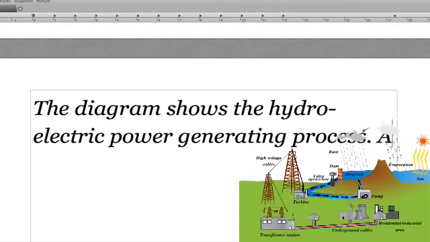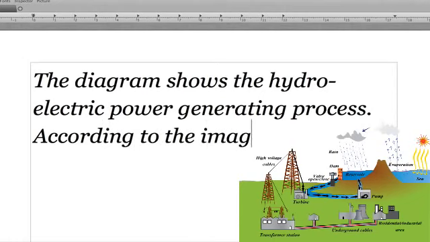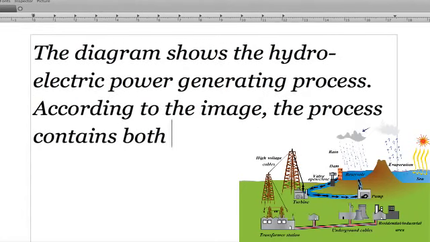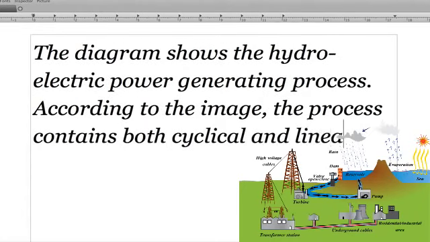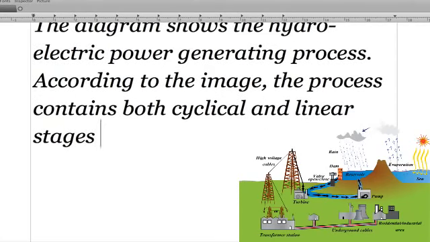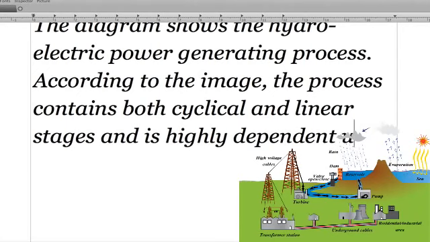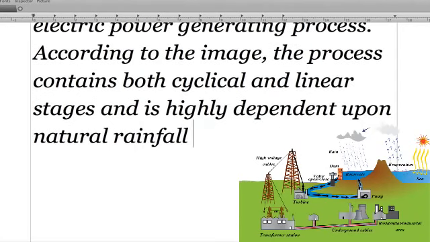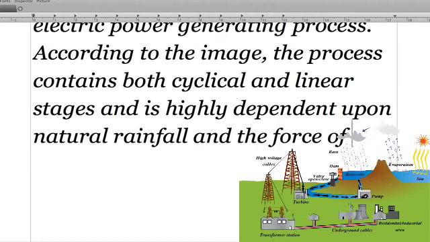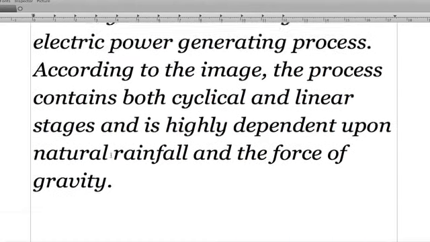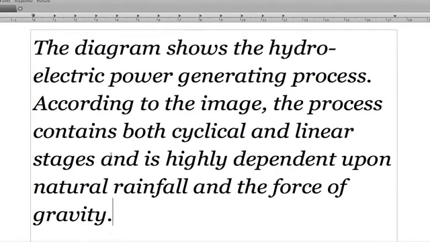So let's say according to the image, the process contains both cyclical and linear stages, let's say, and is, let's see, something about its natural dependencies, is highly dependent upon natural rainfall and the force of gravity. Okay, so that's a nice little sort of overview of what exactly the data source is showing.